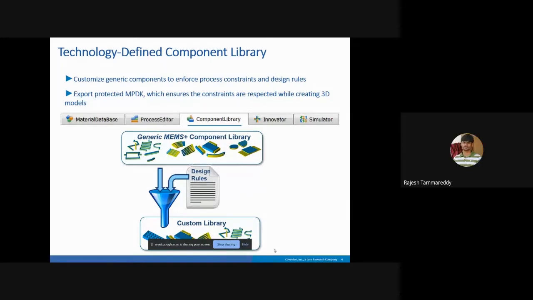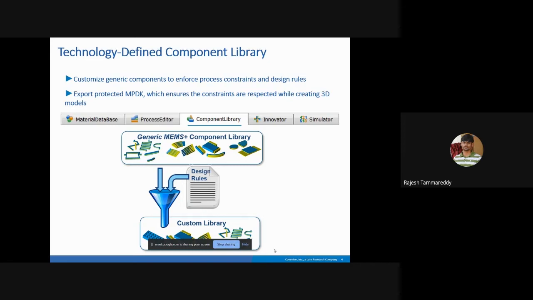If you see here, there are 4 tabs, right? The first one is the material database tab, where you have input of different materials. You can store them, or you can create new materials, or you have existing materials available in the installation of the software. You can also customize those existing properties, or add new materials.